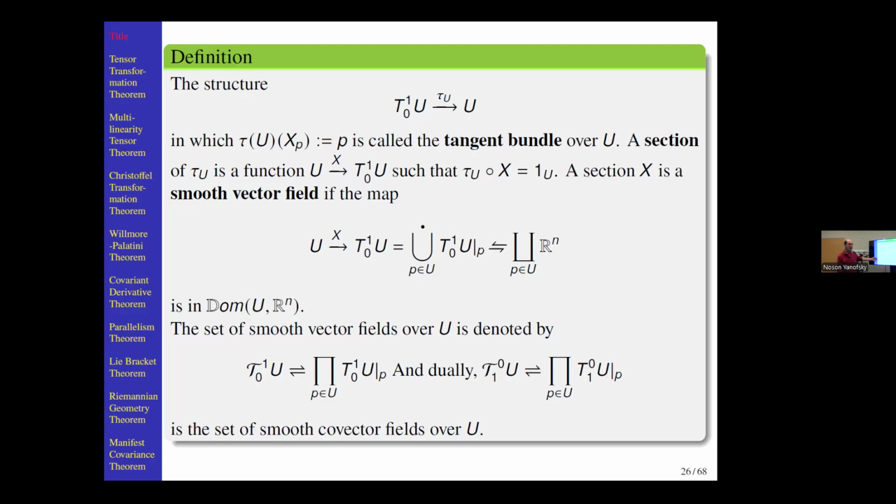And dually for the cotangent bundle. We okay? No, these are not open sets of Rn. These are tangent spaces defined on the whole open set.